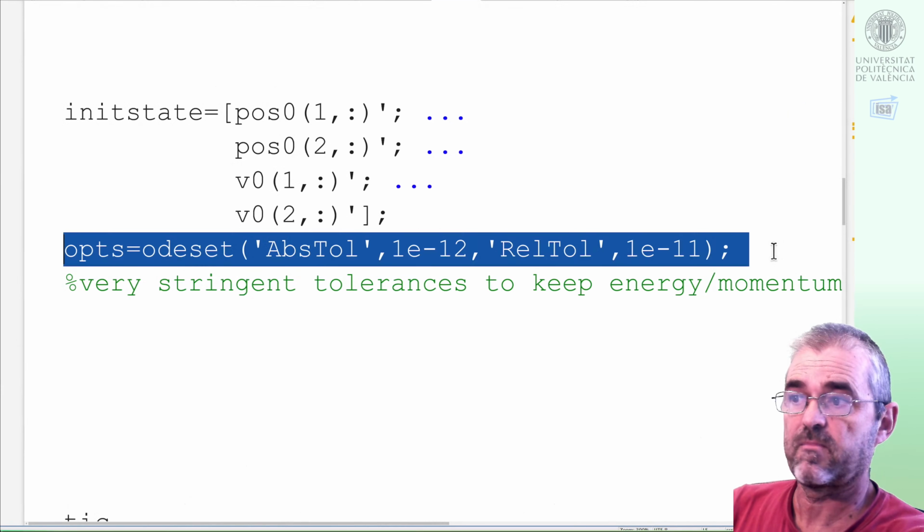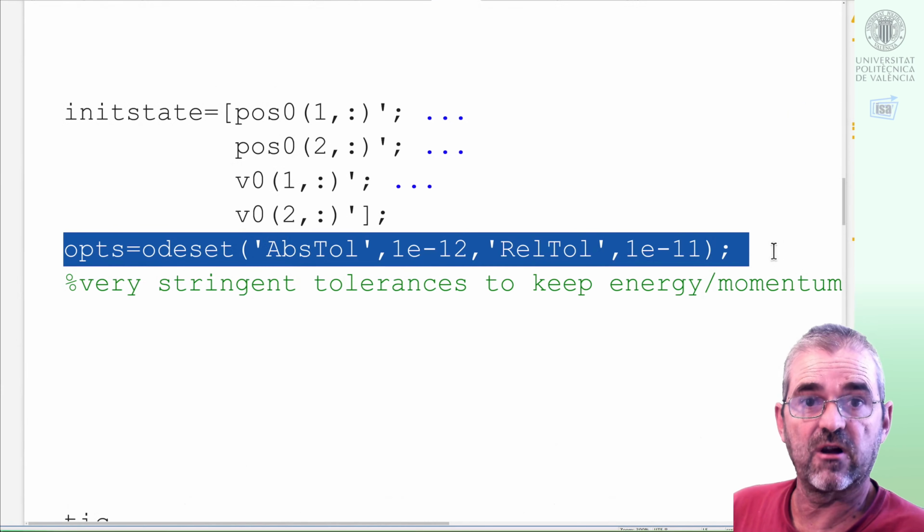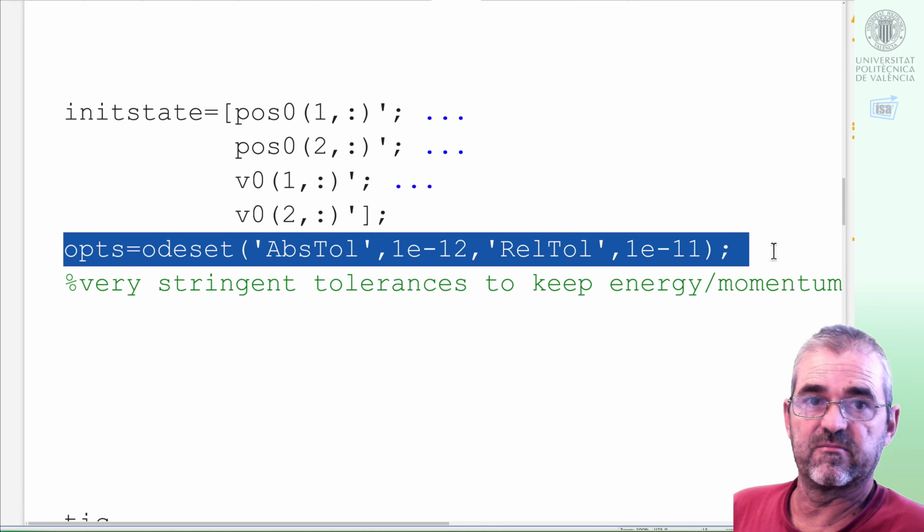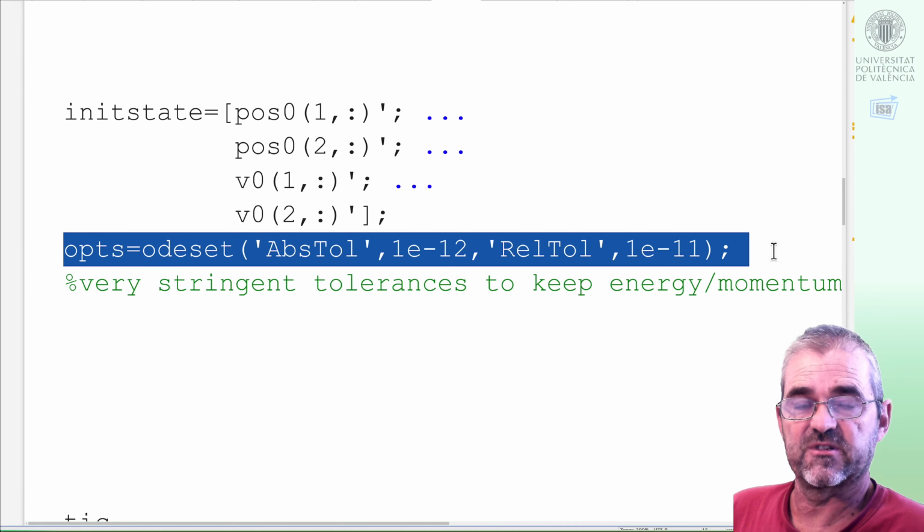And in fact, I will set stringent tolerances because if you simulate orbital mechanics, that must be conservative. With not so good tolerances, you may see some drifting, so that energy or momentum doesn't seem to be conserved.